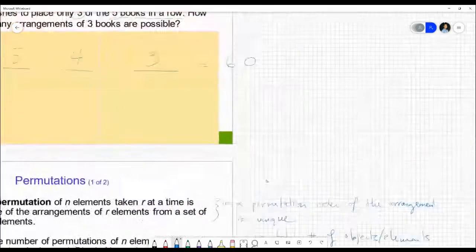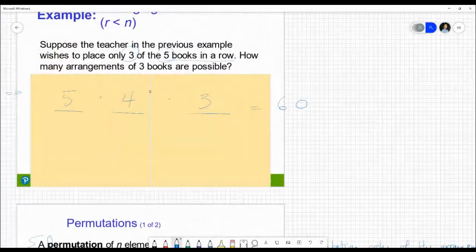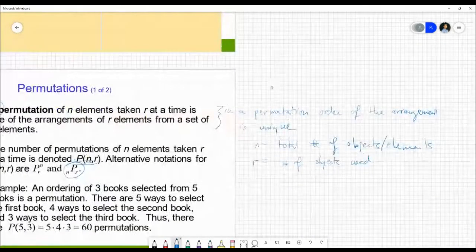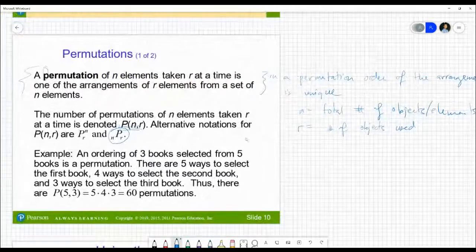For example, in the last example, suppose that the teacher wishes to place only 3 books. So this would be my r, and the 5 would be my n, because n is the total number of books that she has, and r is the number of books that she uses. I just explained that here.